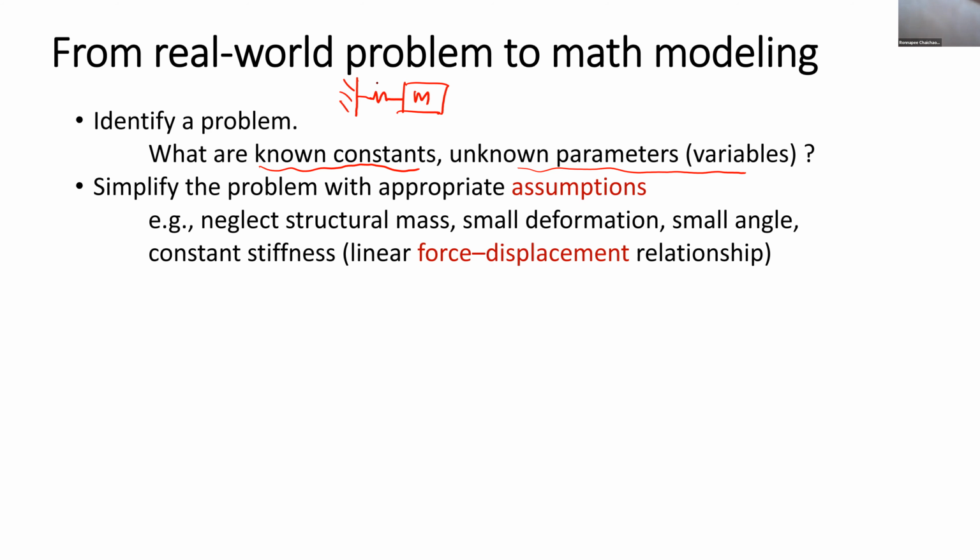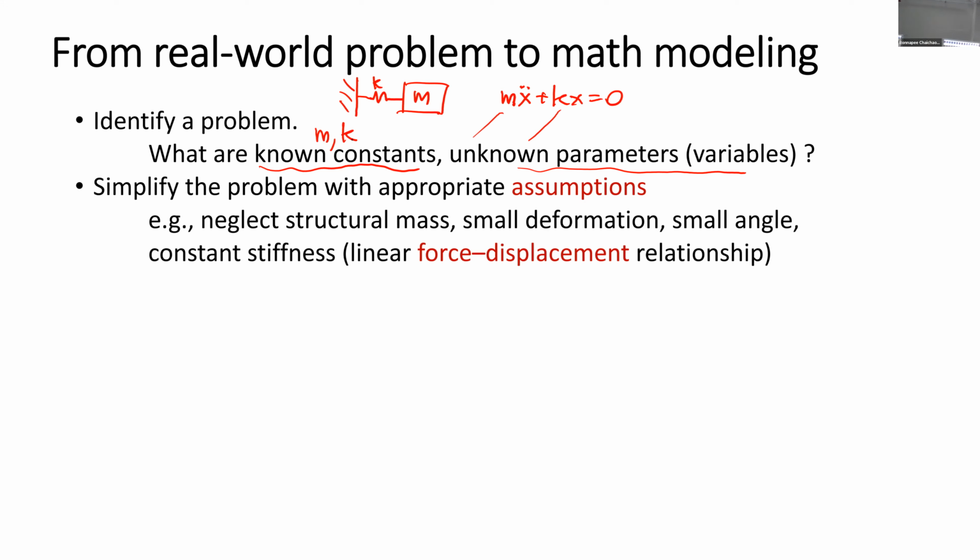We have mass, we have spring. Can we measure the mass? Can we measure the spring stiffness? If we can, M and K need to be the constants that we know from the problem.